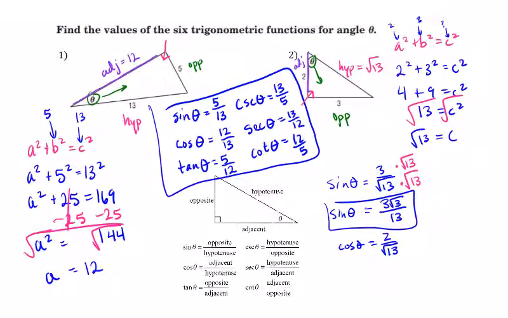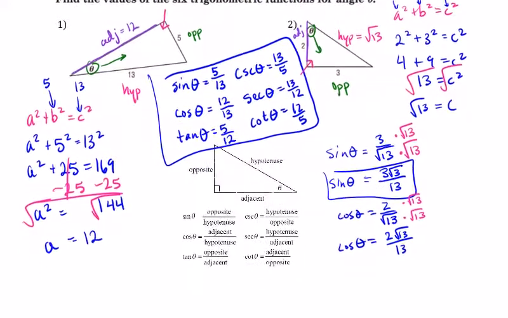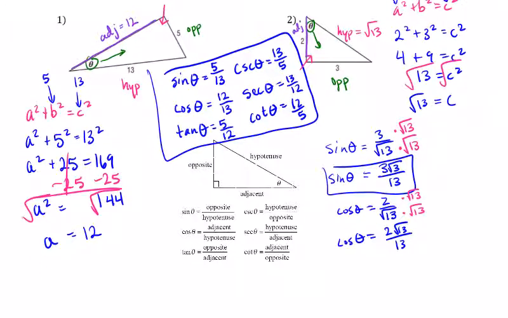We're going to multiply by root 13 on top and bottom in order to rationalize the denominator, right? So on top we get 2 root 13, and on the bottom, root 13 times itself is just regular 13. Okay, so that's cosine.